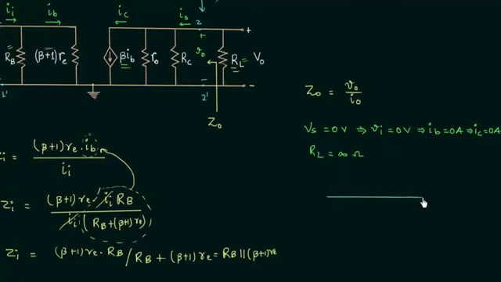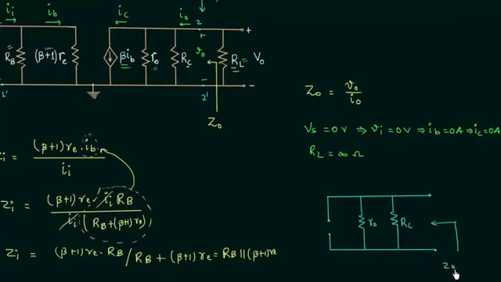So we have the output circuit in which the current dependent source is open circuited and the load resistance RL is also open circuited. Two resistances Ro and Rc are connected in parallel. So we have resistance Ro, which is the output resistance of the re model, connected in parallel with the resistance Rc, and we can easily calculate the output impedance Zo.